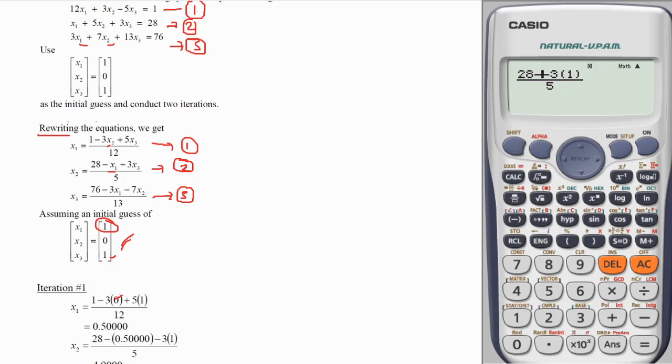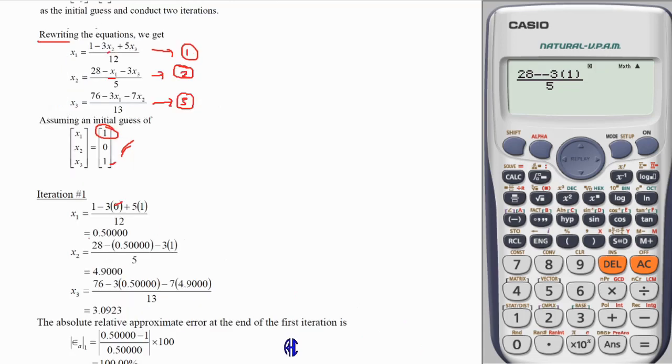So, therefore, kasi nakuha na natin yung pangalawang x sub 1, instead na positive 1 yung insert natin, so magiging 0.5 na.